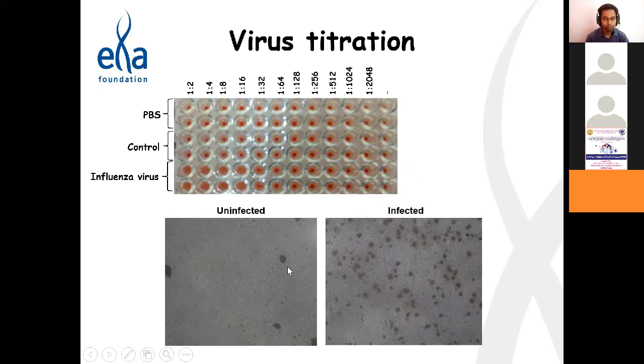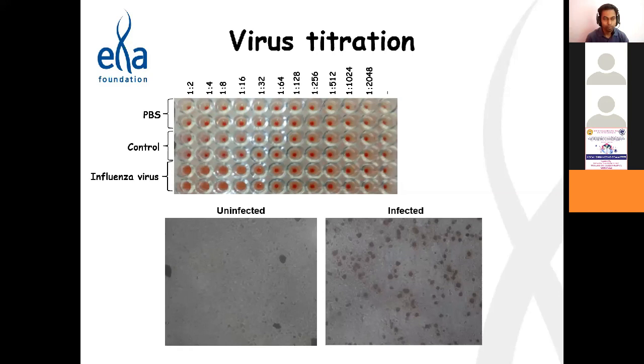Earlier I showed some uninfected and infected cells, where you can see the cell monolayer, and the cell monolayer was damaged in the earlier image. But here, there are some viruses which won't produce visible cytopathic effect.